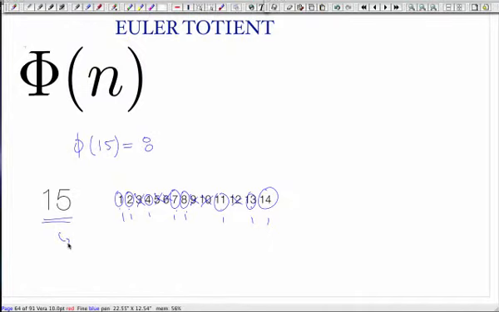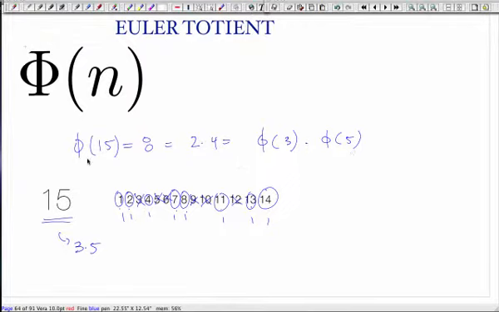15 is equal to 3 times 5, right? That's its prime factorization. So it turns out that this is also equal to, okay?